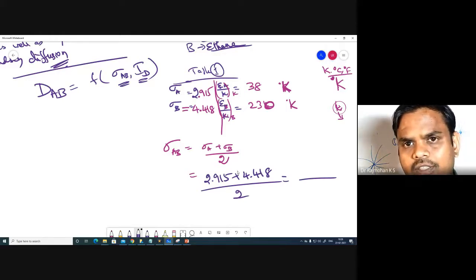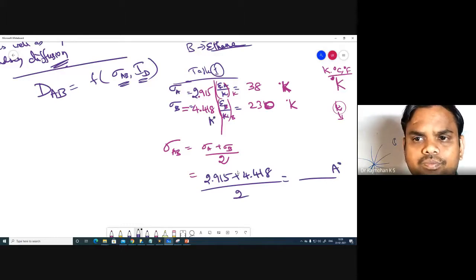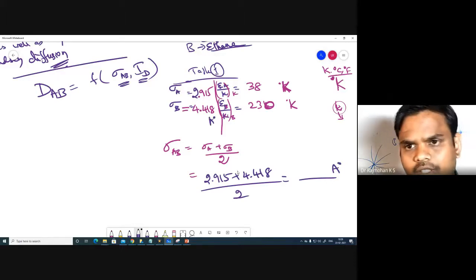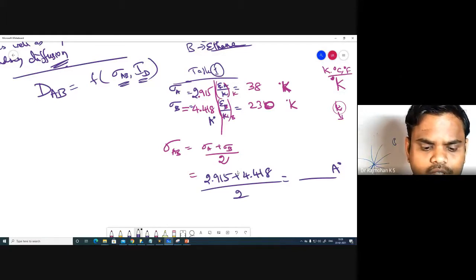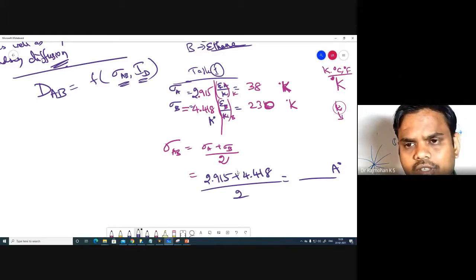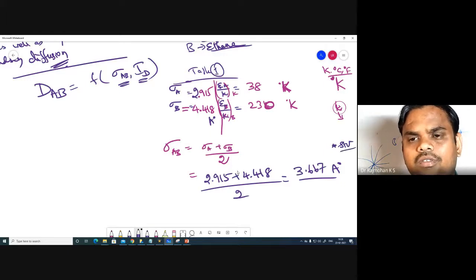Both are in angstrom, so this also will be in angstrom. In between 3 and 4.4, you will get around 3.667. Please verify it, subject to verification.